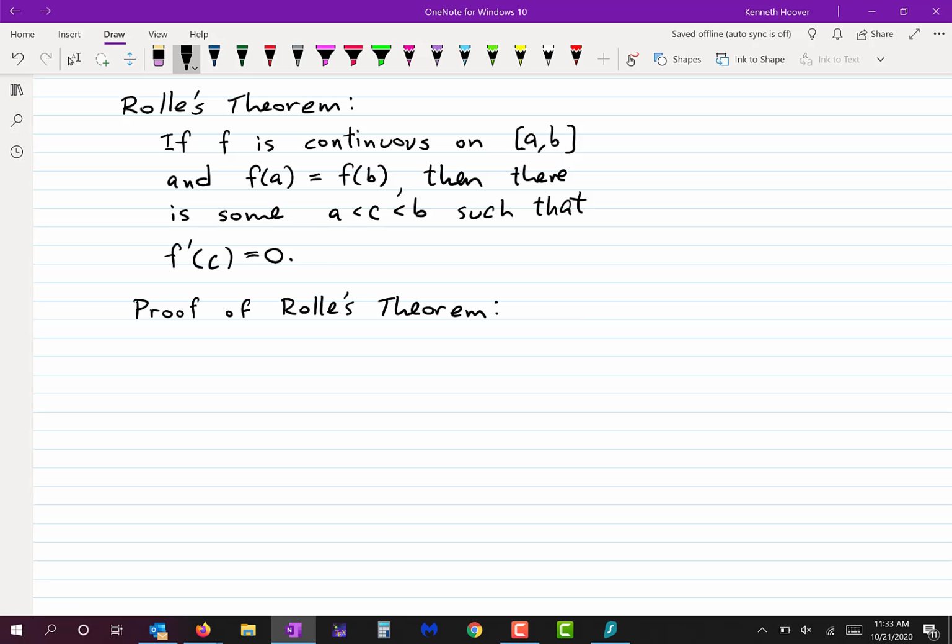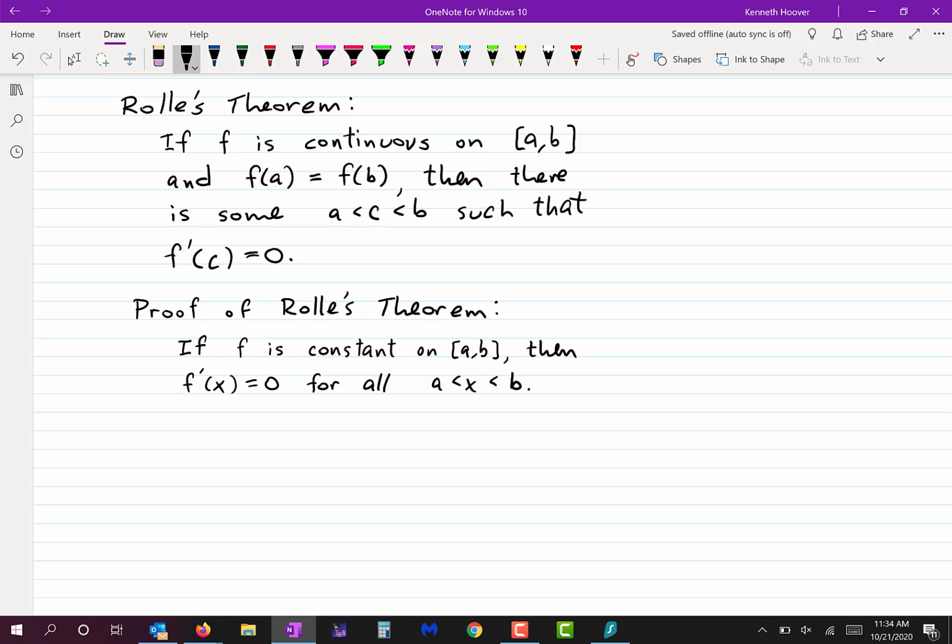Okay, so if f is constant on the interval from a to b, then f prime of x equals 0 for all x between a and b.